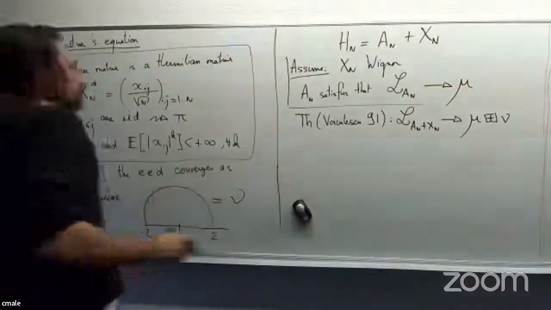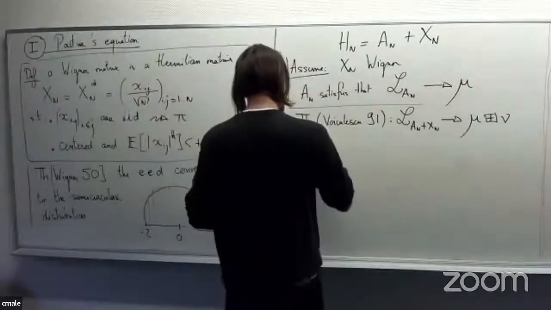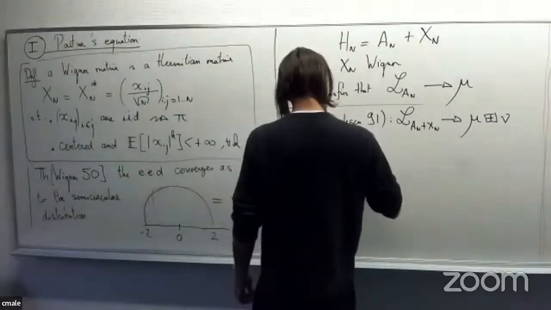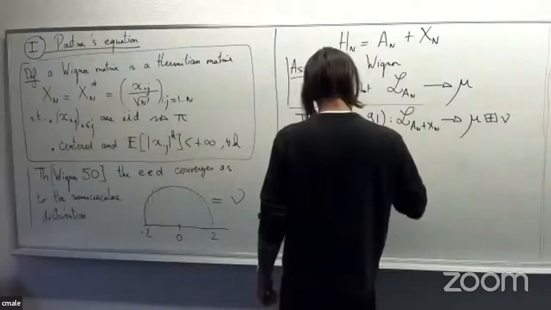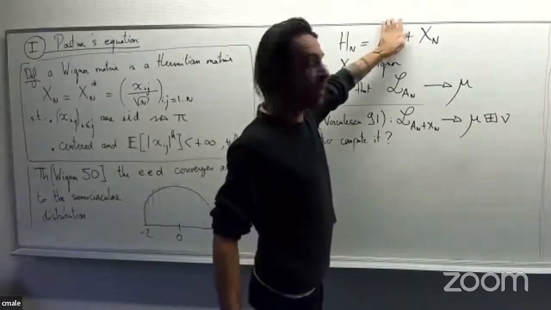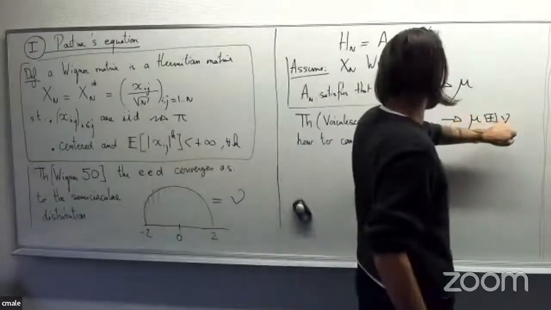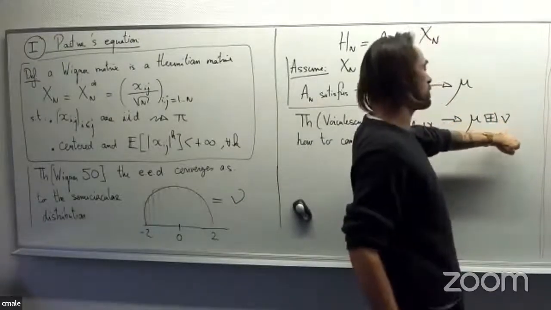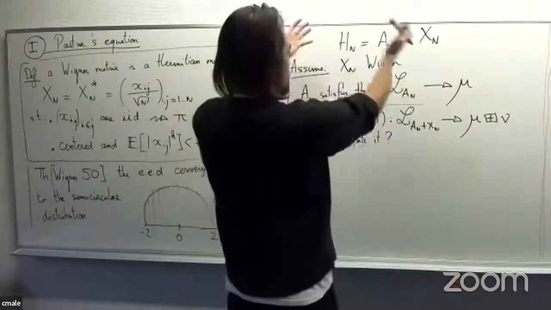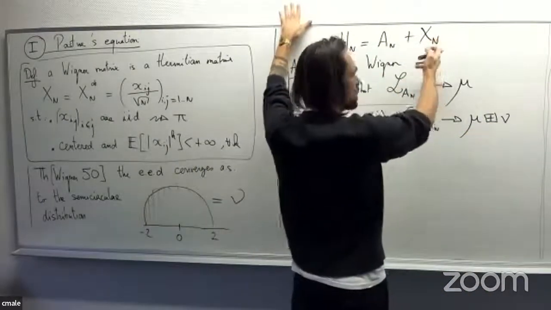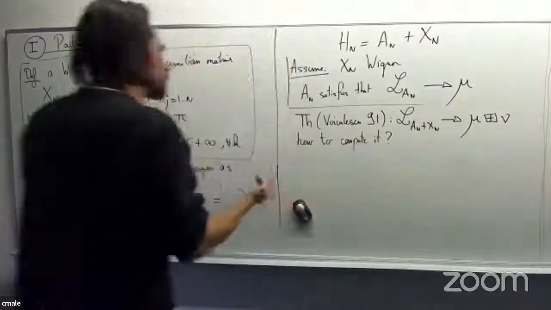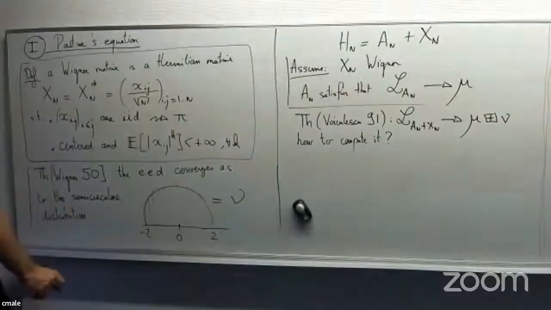And the question that I want to address more specifically is how to compute it. Of course, if A_N is a zero matrix, we have 0 here, and it's just the semicircular distribution. But what is this object and how to compute it? And when X_N is not a Wigner matrix, but something more general, what will be the machinery to compute the distribution of the sum of the two matrices?